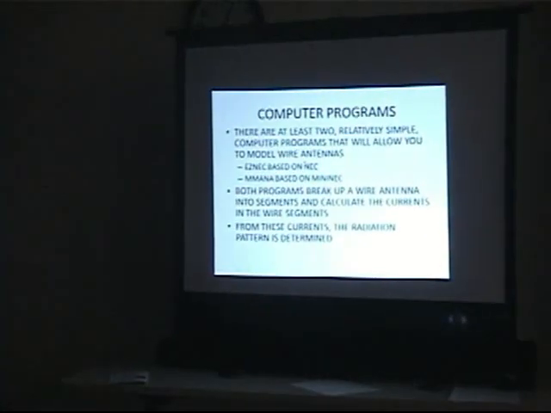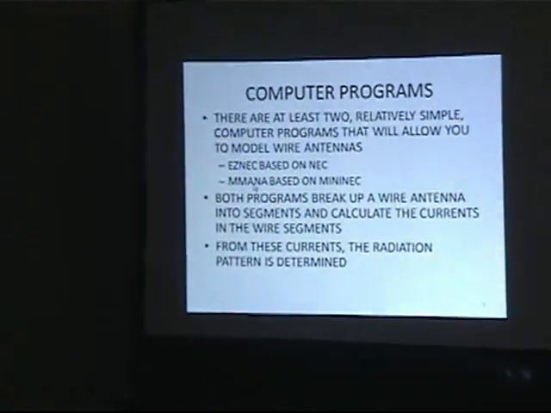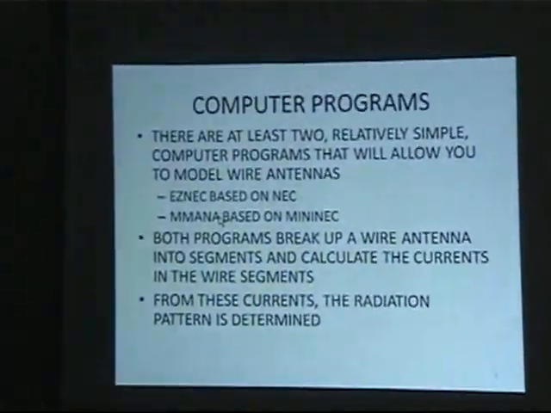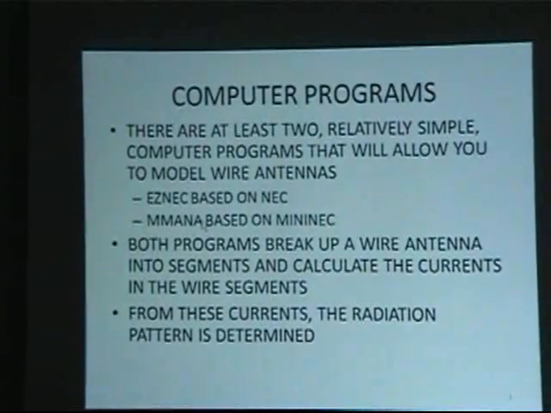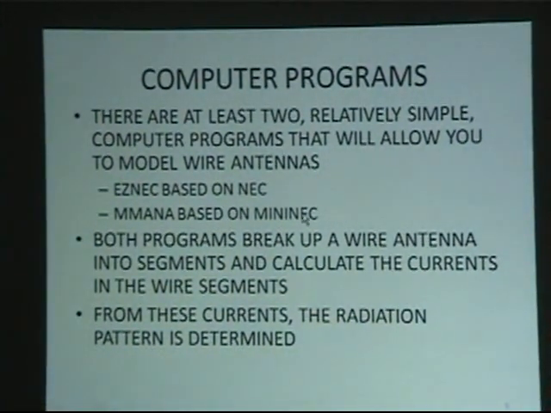So let's see here. Here are the two programs, EZNEC based on NEC. The MMANA code is actually MMANA-GAL, and I'm not too sure what all of that pertains to, but it's also a NEC-based code.